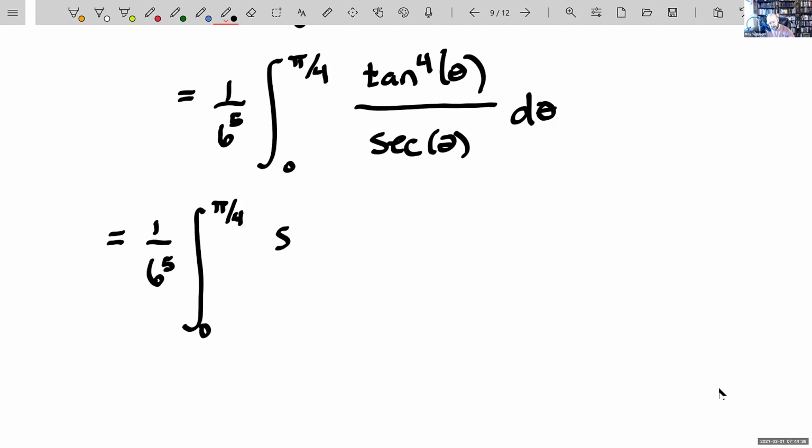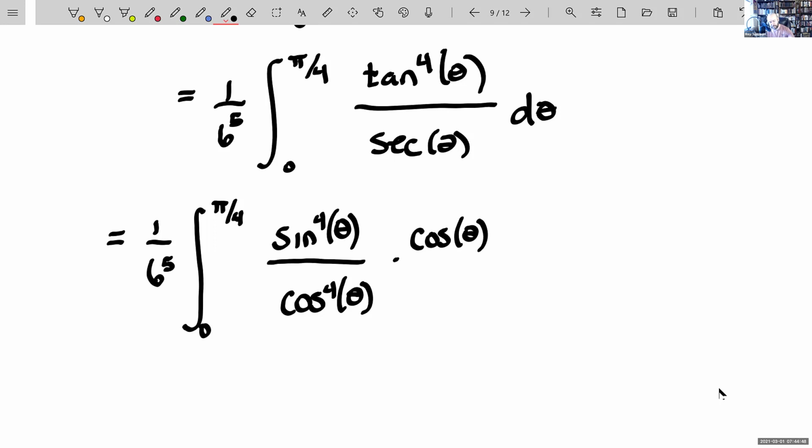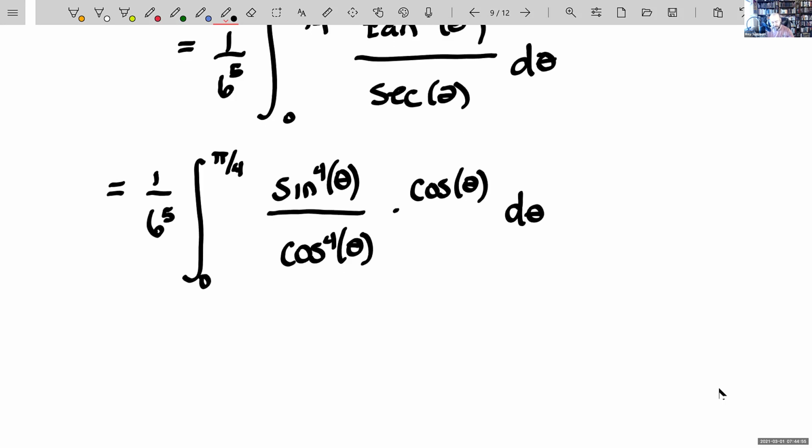So tangent to the fourth is sine to the fourth over cosine to the fourth. And secant is 1 over cosine, so that would be like this. And then you'd have this d theta. Now, here's the problem that I could easily see with this.